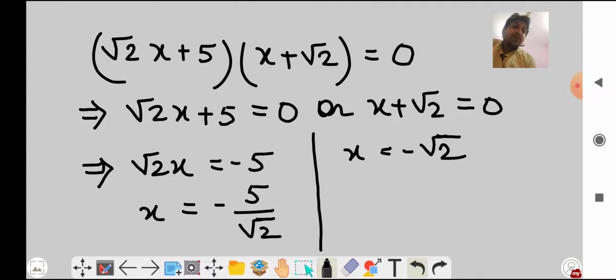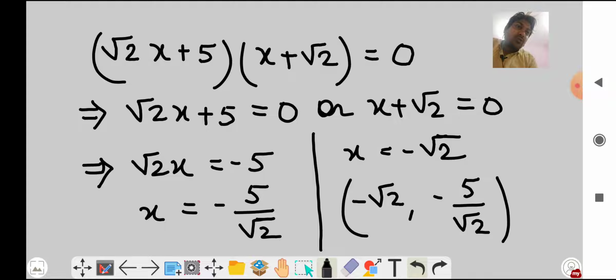So we are getting two roots. One is minus root 2 and another one we are getting minus 5 upon root 2. So here are the two roots. One is minus root 2 and another one is minus 5 upon root 2.